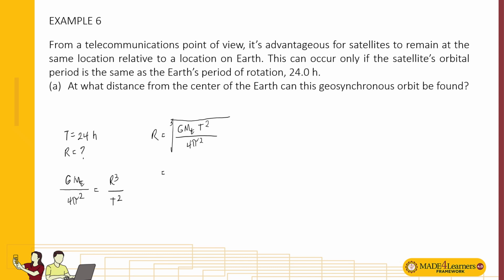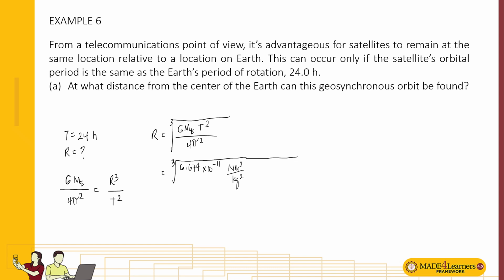The gravitational constant is 6.674 times 10 to the power of negative 11 newton meters squared per kilogram squared.